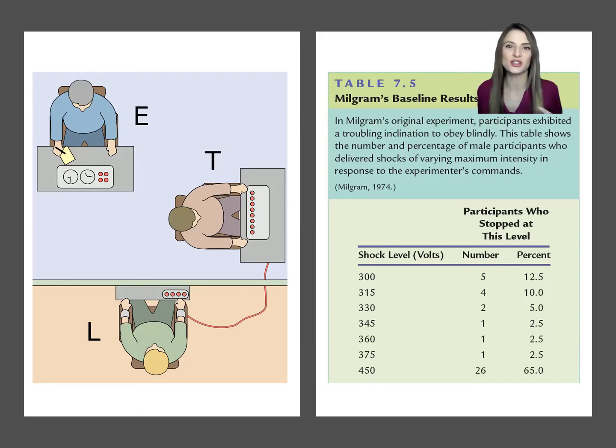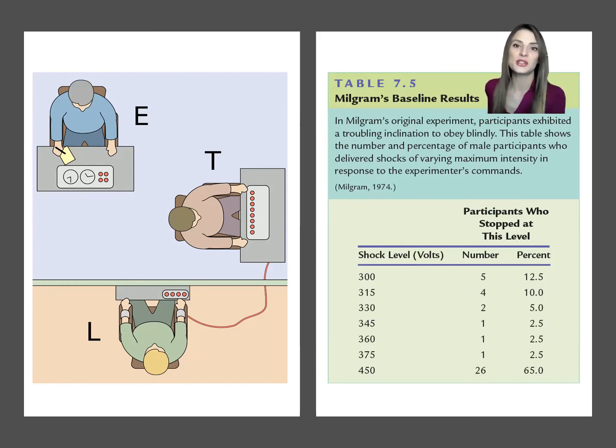Well, this all begs the question, why? Why did these teachers continue administering shocks with the knowledge that the person they're shocking could die? Why? Milgram concluded it was because of the authority figure. It was because of that experimenter.